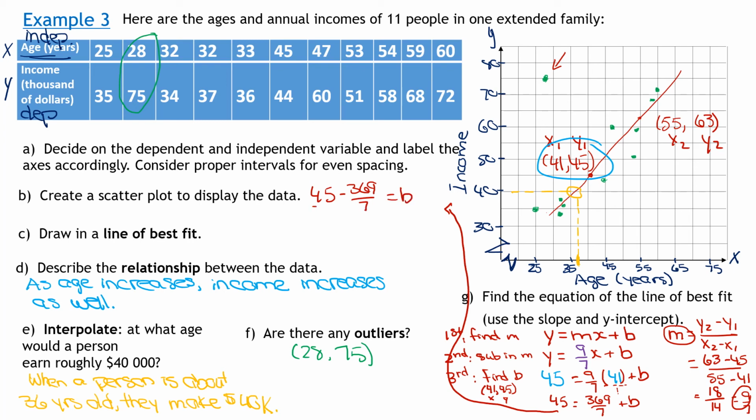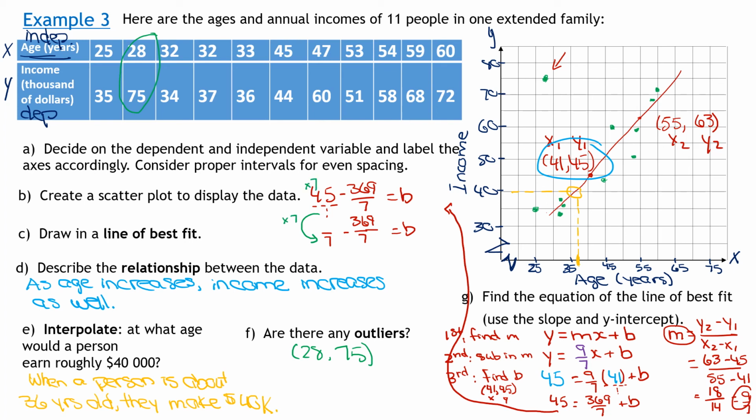Remember that 45 is over 1, an invisible 1. So we need a common denominator. That denominator, of course, will be a 7 because it's the only denominator. So that makes it really easy. So my second numerator is 369. That's already got a denominator of 7. So what did I do to this 1 to get to this 7? I multiplied by 7. So I have to do the same to this 45.